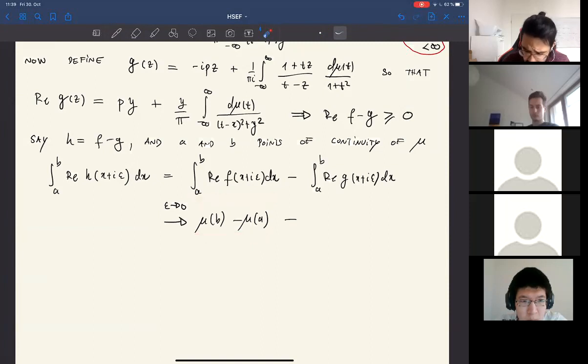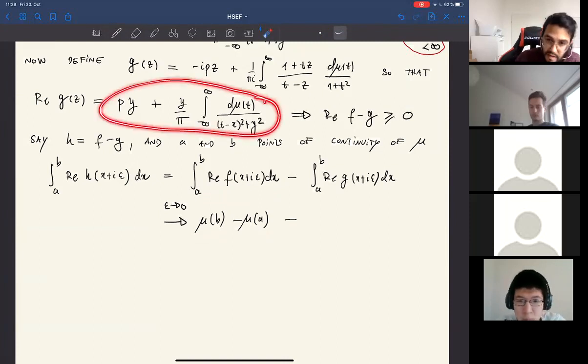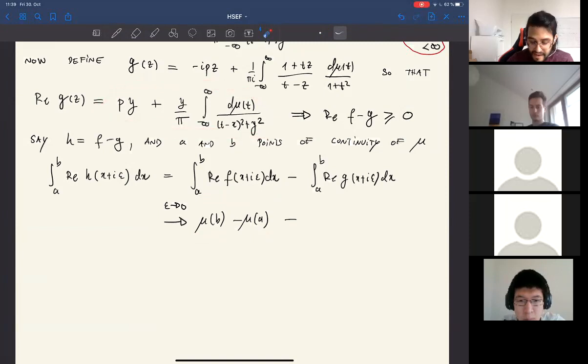And now you have this guy g, but this g is defined by this formula, and then again by appealing to the theorem we just proved, which is theorem 3, a Poisson representation defined by this measure, we showed that when you take this limit, this indeed converges, if it's a point of continuity, to mu b minus mu a.